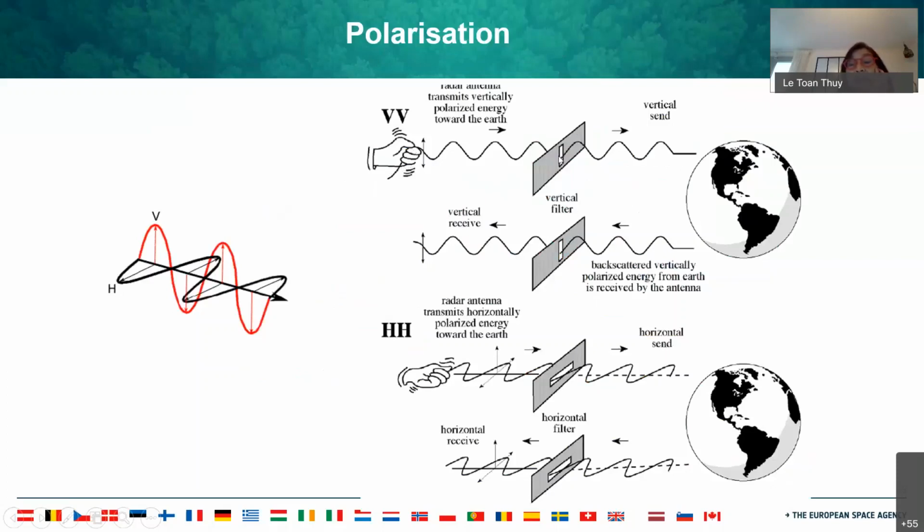We have a vertical filter here for VV, transmit the wave, and just the vertical wave goes to the Earth, and then to receive, also the vertical wave goes back, and the same thing for a horizontal filter, goes to the Earth and goes back.